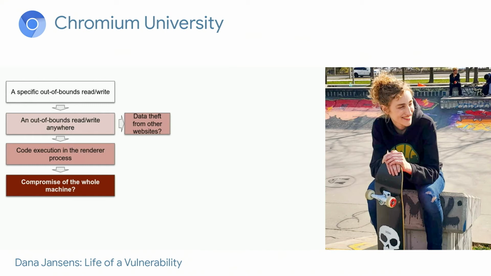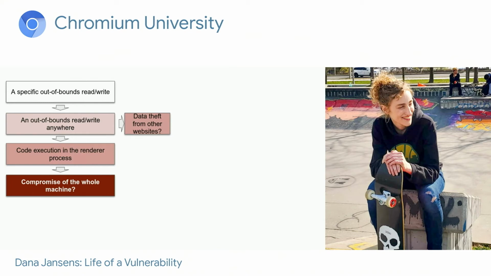I'll talk a bit more in a while about when we would end up running several websites within the same renderer process. They could also overwrite URIs and data structures within the browser to alter its behavior. So even a single out-of-bounds read and write could have serious consequences. And you should assume that it can be used for a sophisticated attack. You should assume that it's being used for a sophisticated attack.